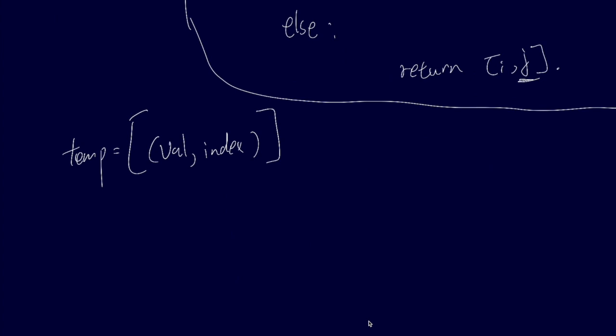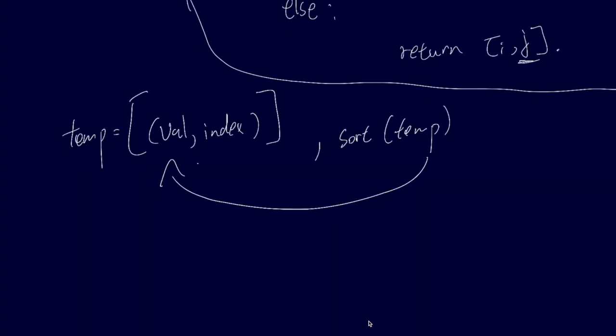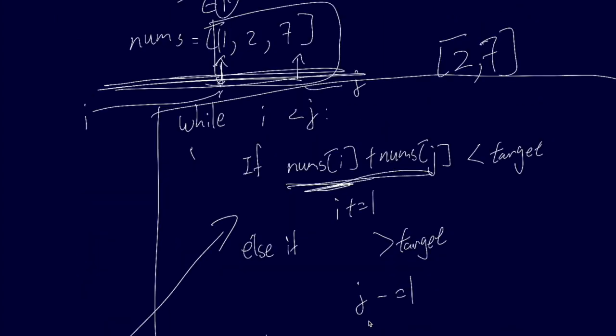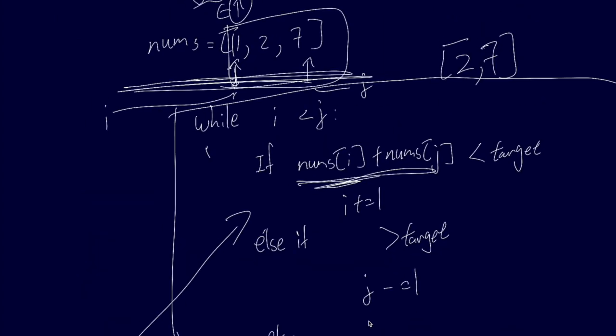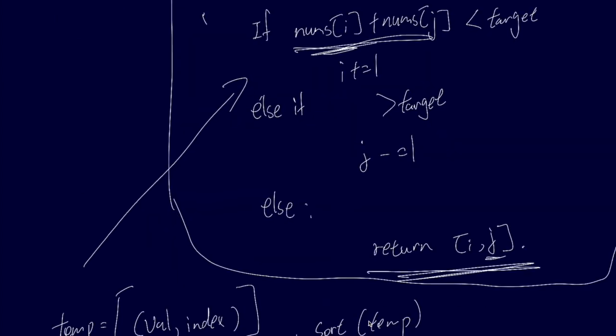And we're just going to sort temp based on value, that is the element in the array nums. After that, we keep shrinking the searching range until we find a pair.